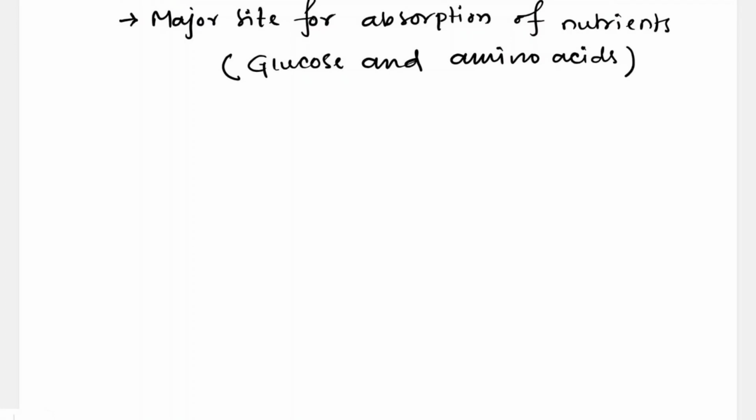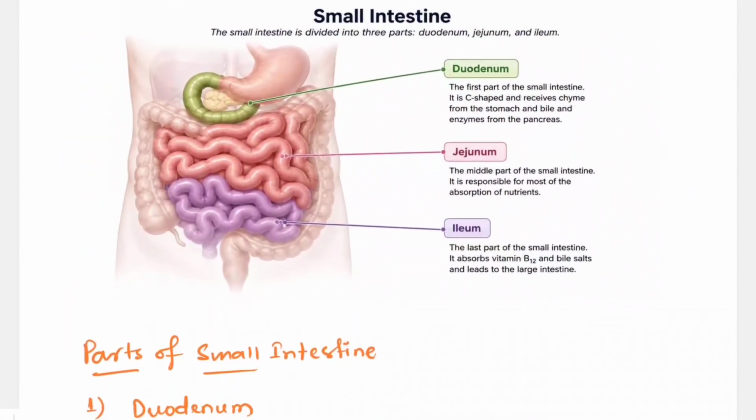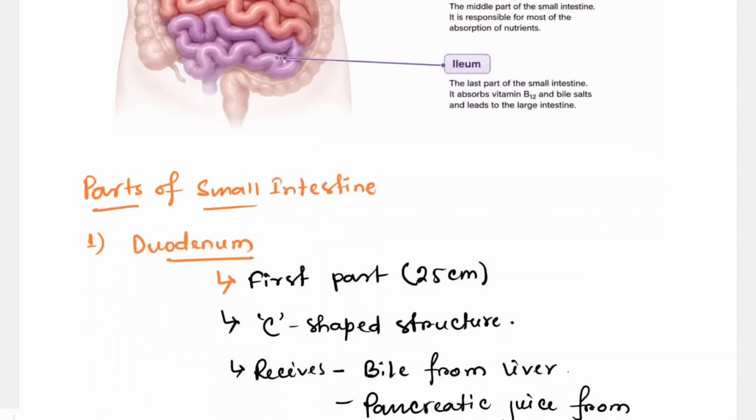Here also I will show you in the picture: the jejunum is this one. You can see this whole portion is called the jejunum only. See here also it is written: this is the middle part of the small intestine, responsible for the digestion and absorption of nutrients.